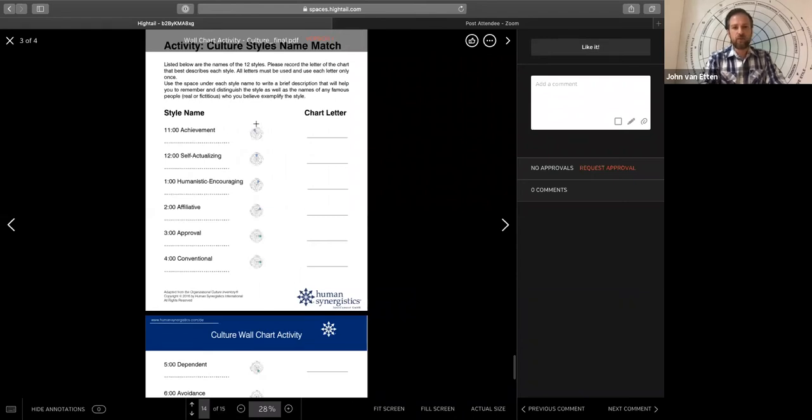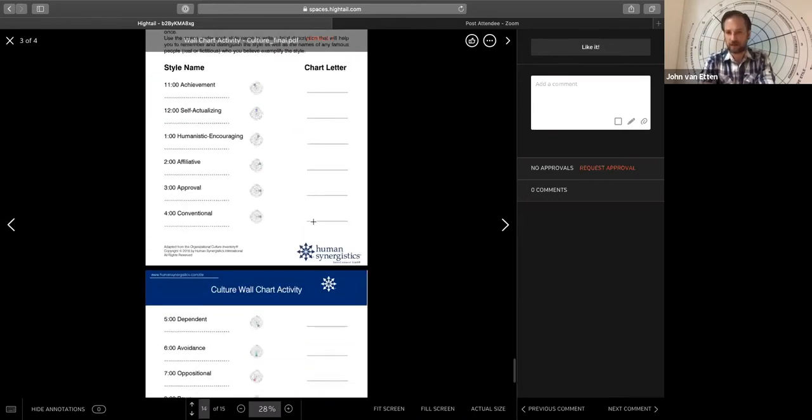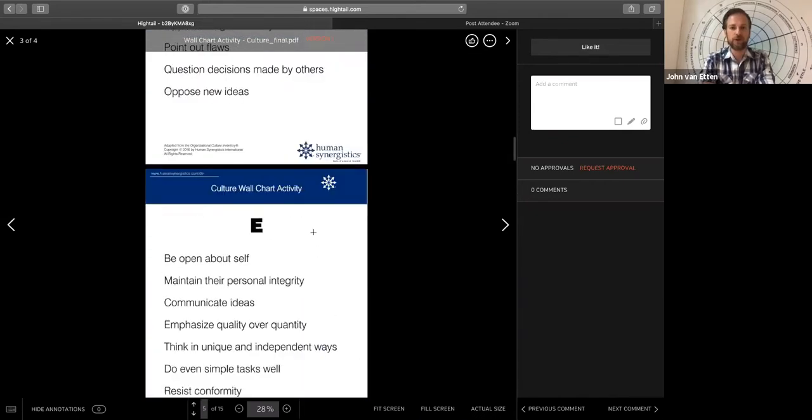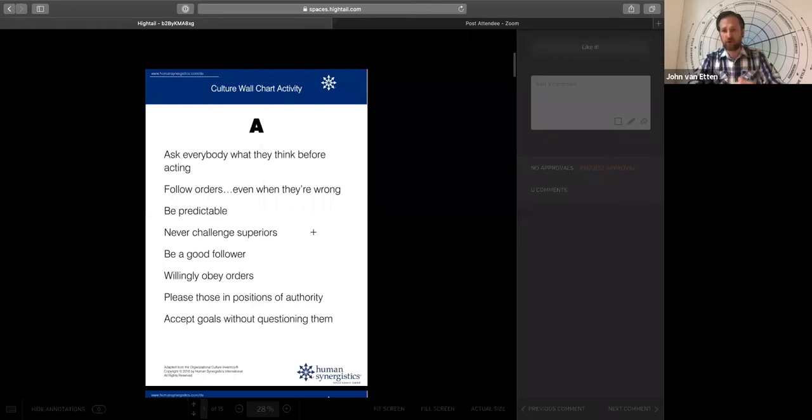And then they try to figure out which of those charts is achievement, which of them is affiliative, and so forth through the model, and fill in the letter, showing that they're connecting this pattern with the styles. Now, while that's nice for accreditation, I actually prefer this model as a way to introduce the tools. And it's very flexible, so I'll try to give you a few different examples of how this is done.